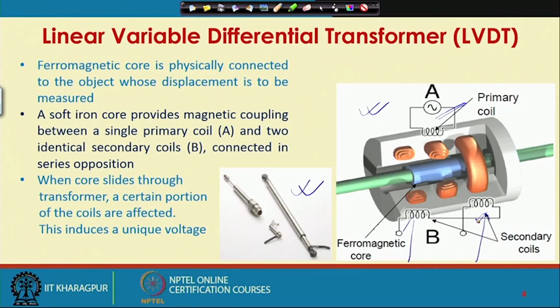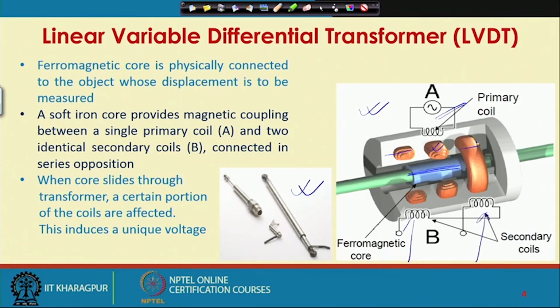Now, you have this soft iron core which provides the coupling between the primary coil and the secondary coils.